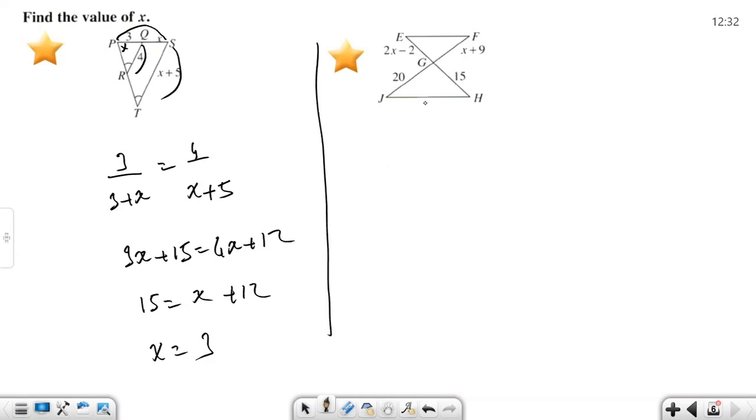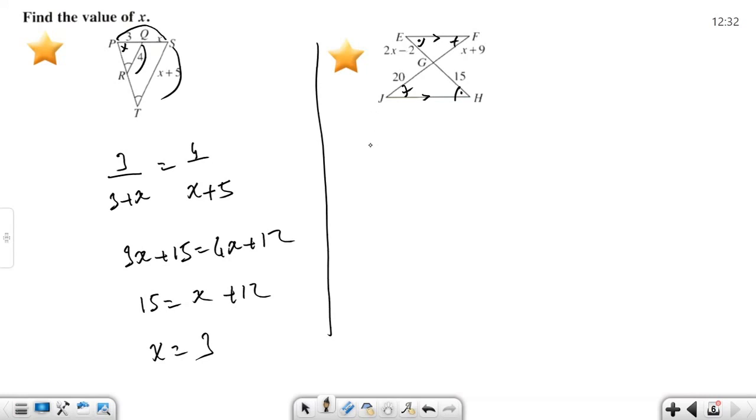Let's continue with the second question. In this question, these lines are given as parallel lines. Because these lines are parallel, this angle and this angle are congruent, and that angle and that angle are congruent. Now I can write an equation.